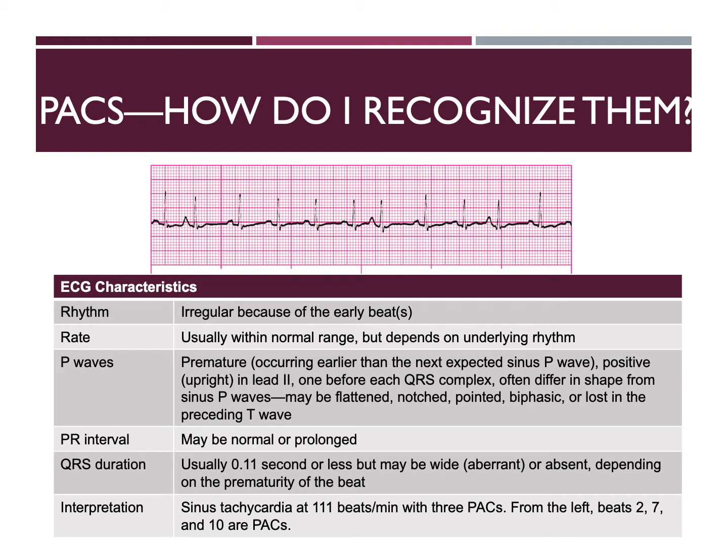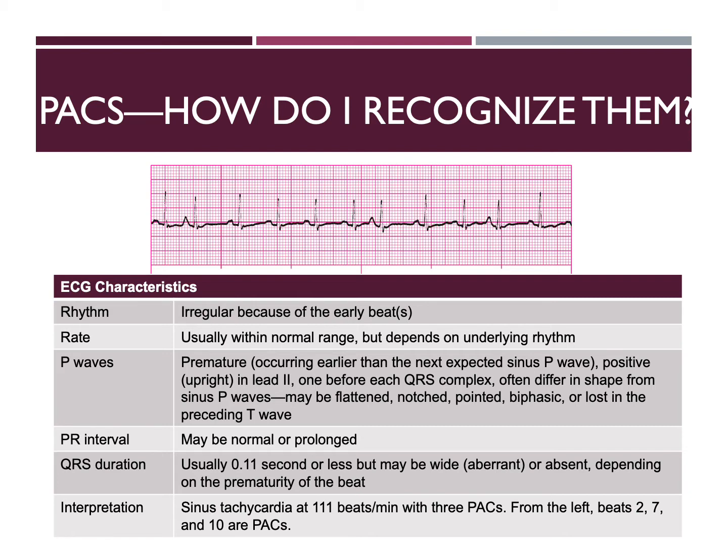We may also see early P waves that may or may not be followed by a QRS complex. So in a PAC, we're going to see a positive P wave before that QRS complex, and sometimes that P wave may be clearly seen, and sometimes it may not.